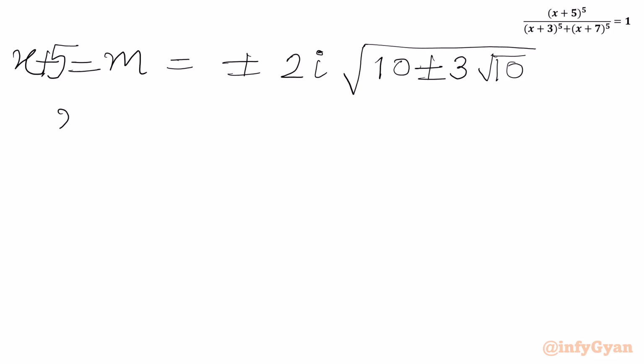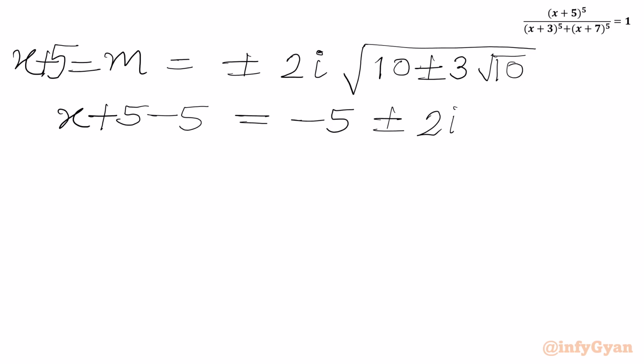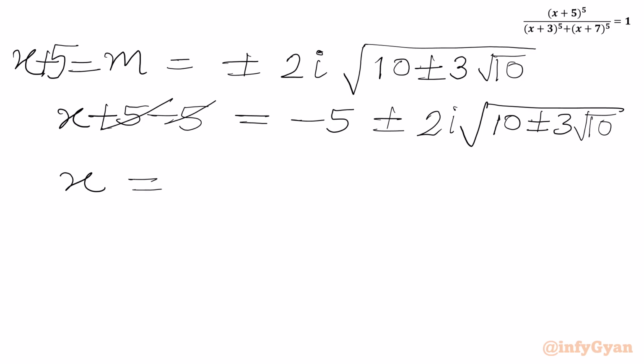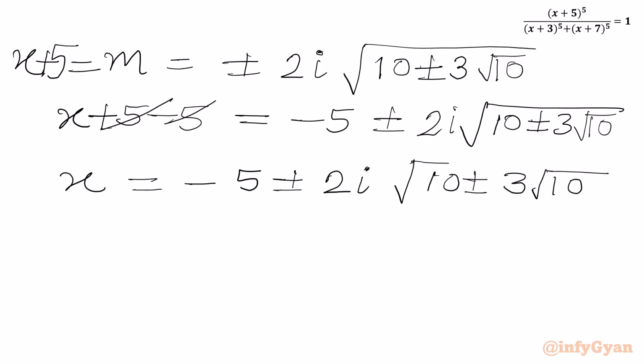So I will write here x plus 5 minus 5 equal to minus 5 plus minus 2i times square root of 10 plus minus 3 square root 10. So plus and minus will be over. We will get x equal to negative 5 plus minus 2i times square root of 10 plus minus 3 square root 10. So overall 4 complex solutions.